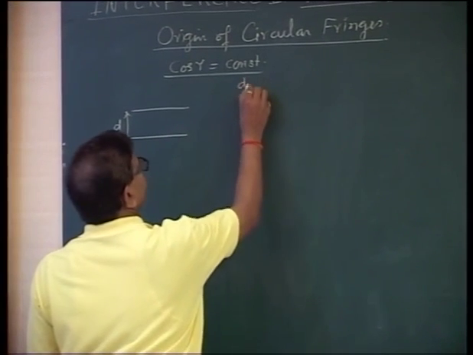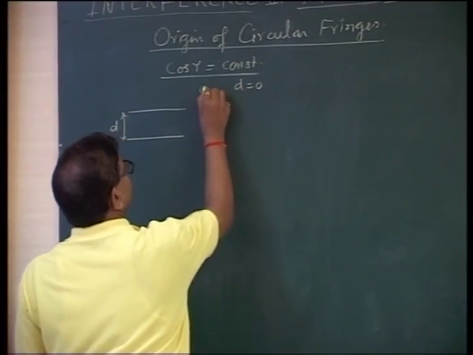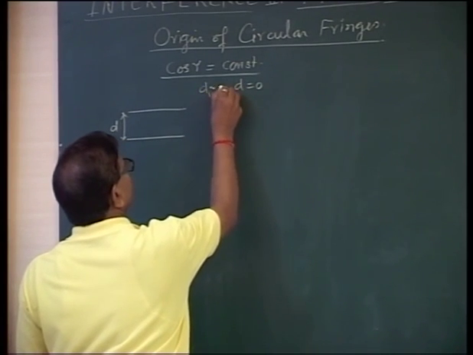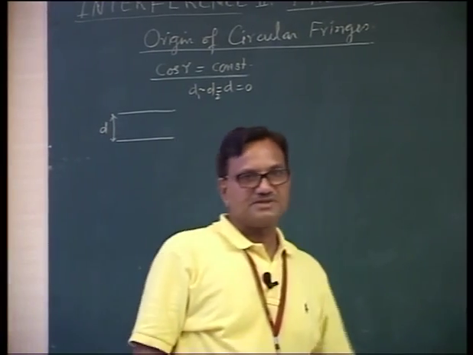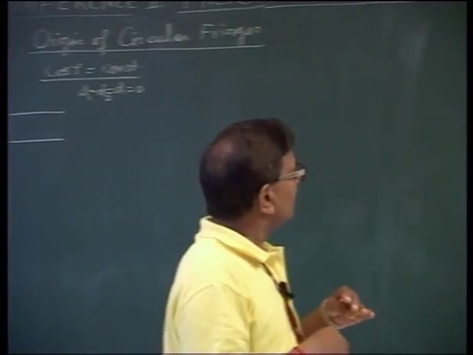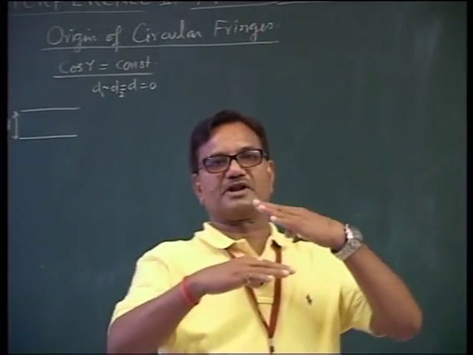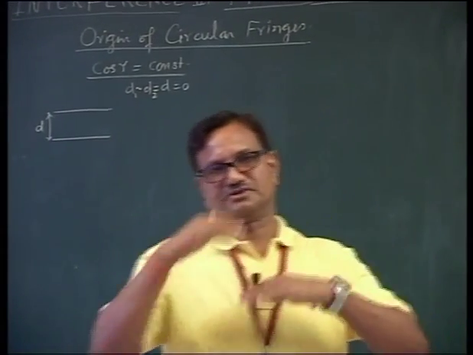Suppose we consider d equal to 0, that means d1 minus d2 equal to d equal to 0. That means the mirror M1 and the image of mirror M2 are coincident.